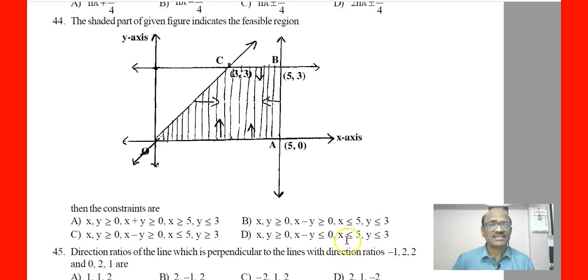Again, x is less than. Again, this is possible. But what about here? These two statements are possible by using the elimination method. And again, x minus y is greater than or equal to 0, and x minus y is less than or equal to 0.